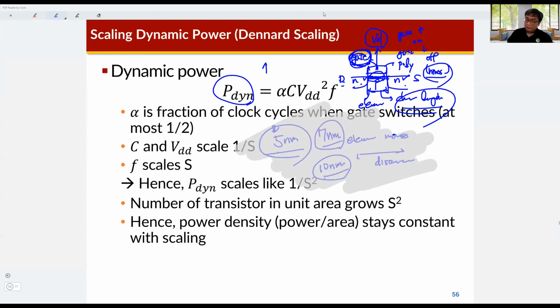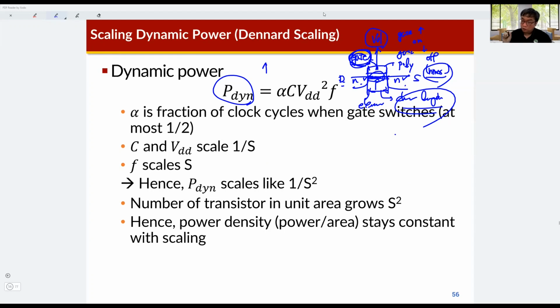Also, there are many benefits if we reduce this channel length. We can reduce the supply voltage. Also, we can increase the speed of the circuit. That means that we can increase the clock frequency.